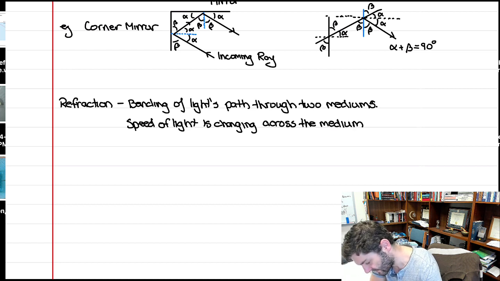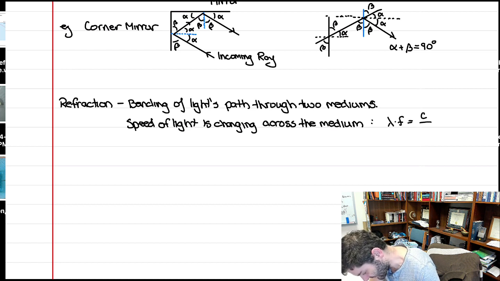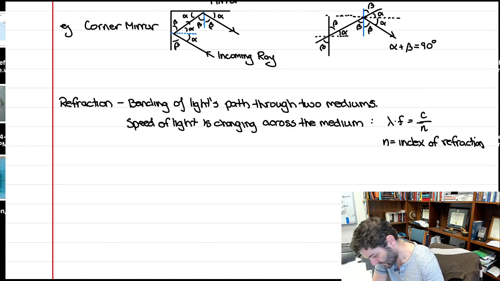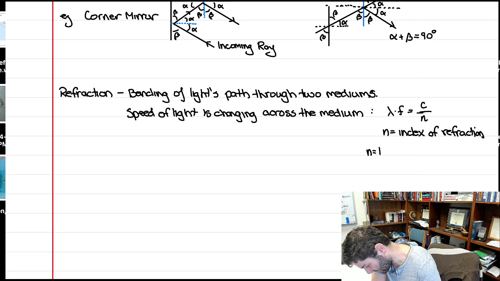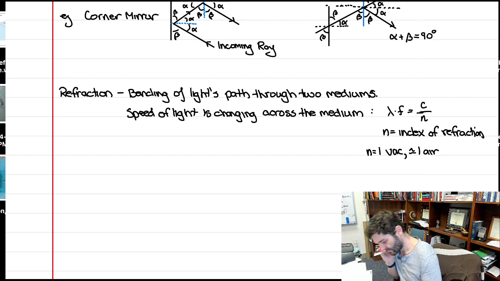And we can quantify it in the following way. Instead of writing lambda times f equals the speed of light, we'll write lambda times f equals the speed of light divided by n, where n is called the index of refraction. Again, n equals 1 for a vacuum. It's approximately 1 for air, close enough for air.